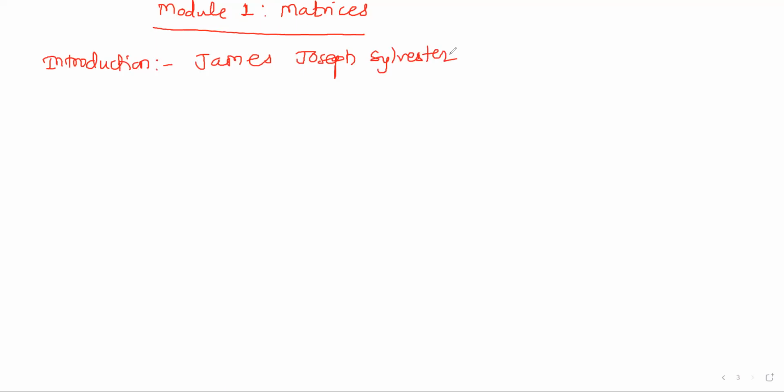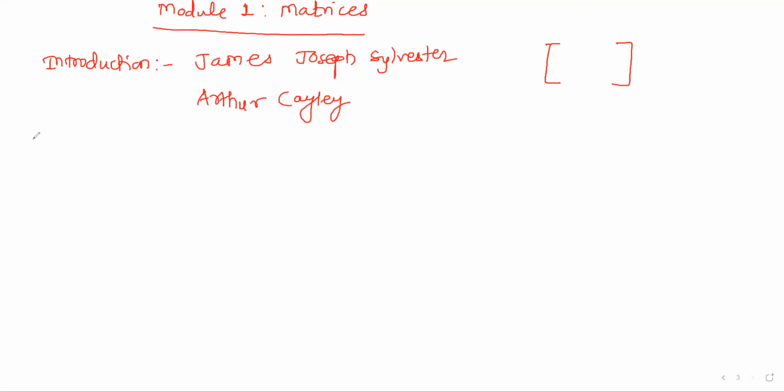But the concept or the actual definition of matrix was introduced by British mathematician Arthur Cayley. Matrix means arrangement of numbers, right? As you can see, we can arrange the matrix in these 2 square brackets.